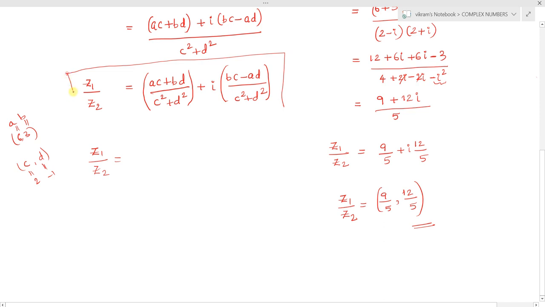z1 by z2 is (AC plus BD) by (C square plus D square) plus iota times of (BC minus AD) by (C square plus D square).